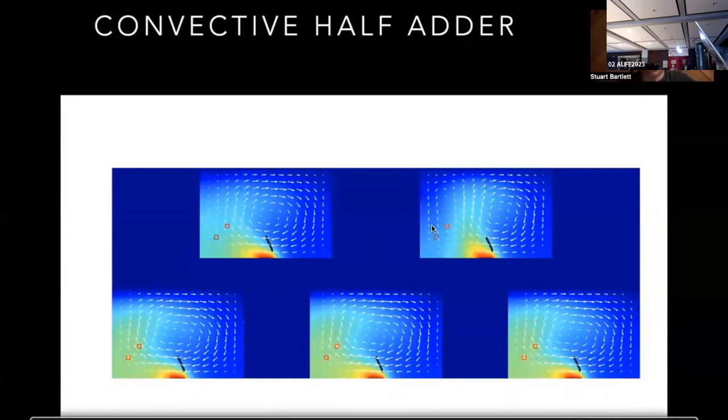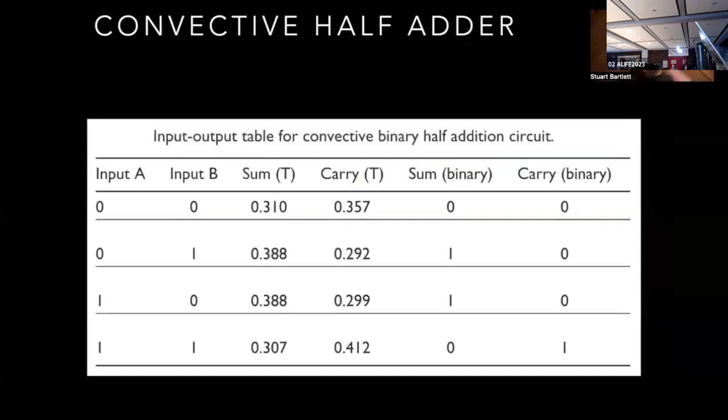So in summary, our half addition circuit from convective NOR gates does exhibit the correct truth table, again, as long as we choose our thresholding at 0.375. So any temperature less than 0.375 is considered a binary output of 0. And anything above is considered a binary output of 1.